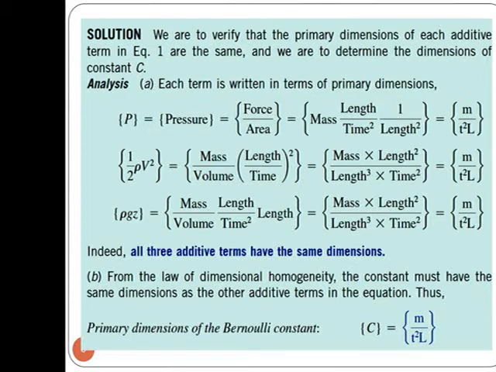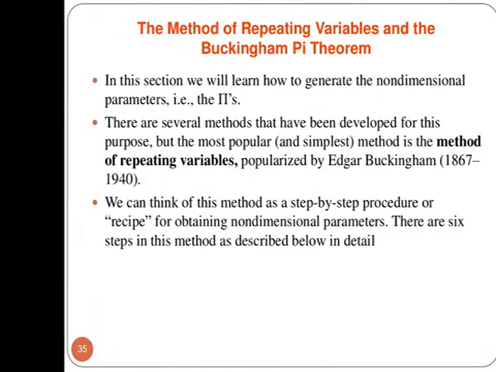The method of repeating variables and the Buckingham pi theorem. In this section, we will learn how to generate the non-dimensional parameters, that is, the pi's. There are several methods that have been developed for this purpose, but the most popular and the simplest is the method of repeating variables, popularized by Edgar Buckingham (1867 to 1940).